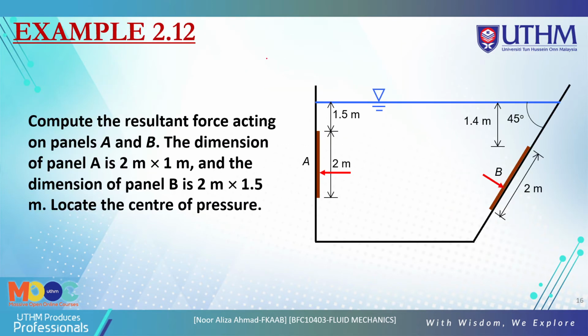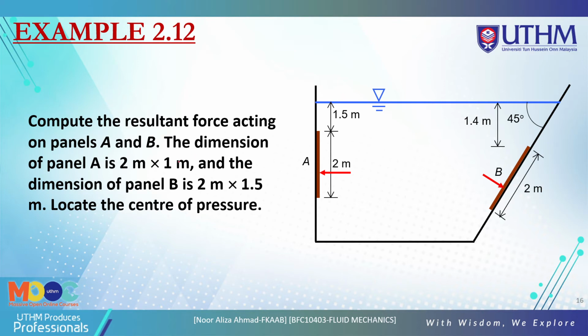Now we look at example 2.12. Compute the resultant force acting on plane A. They have plane A and plane B. Plane A is a vertical plane surface and plane B is inclined, so you must have two calculations, using the hydrostatic force on the vertical plane surface and the inclined plane surface.